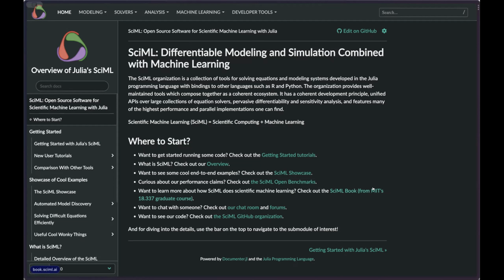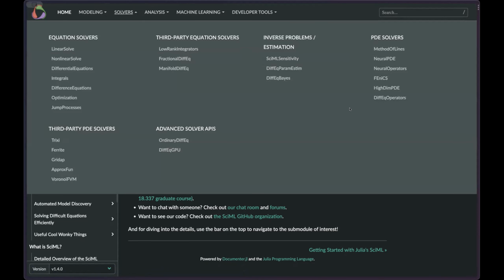If you click on, let's say, solvers or modeling right now, you see there's equation solvers, third party, and so on. Similarly, we would have training, and then utility packages like parameter schedulers, things like that.